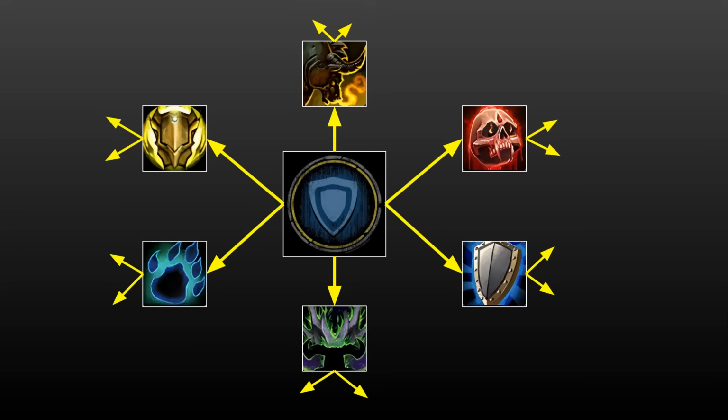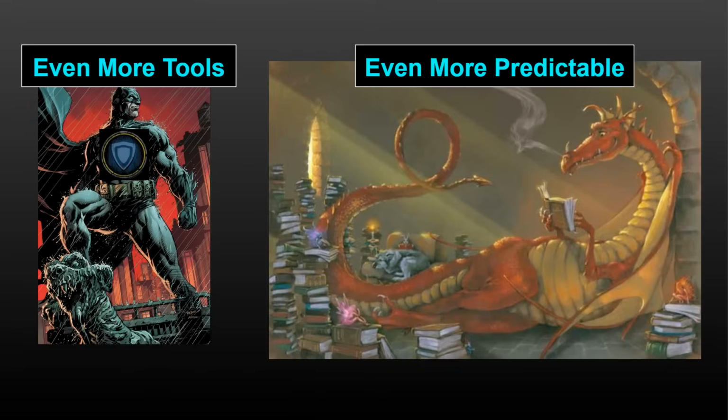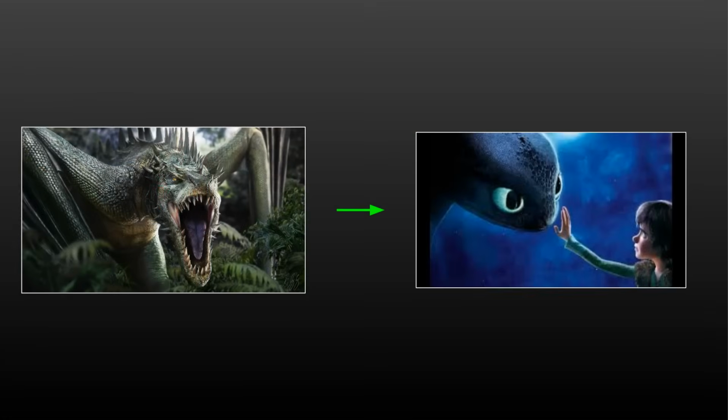But we also saw changes in how the game was being tuned. While we saw things trending in the direction of more predictable raid encounters, with tanks having a large number of tools to work with in Warlords of Draenor, things kept trending in this direction moving into Legion. Bosses started doing more consistent damage with less hard-to-predict burst windows.